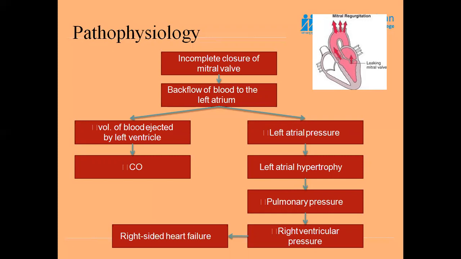Whereas increased left atrial pressure, due to more blood coming into the left atrium, will cause left atrial hypertrophy, which will lead to increased pulmonary pressure. That back pressure will lead to right ventricular failure, or right-sided heart failure. The pathophysiology is nonetheless the same for mitral stenosis also.